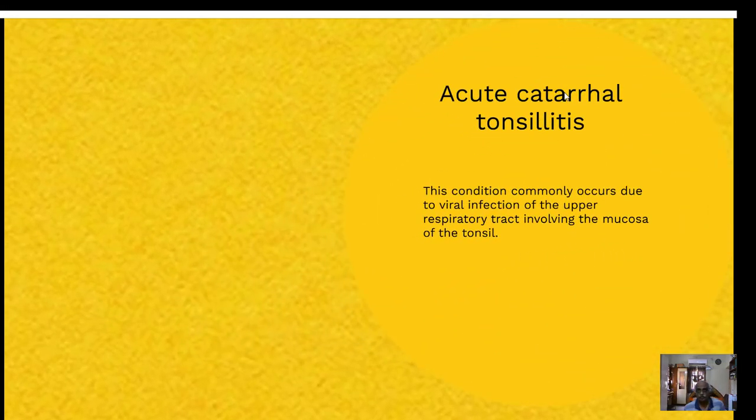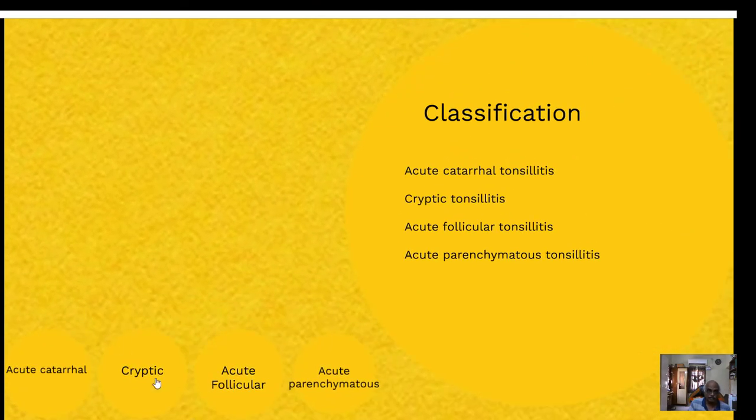The term acute catarrhal tonsillitis indicates a viral infection of the upper respiratory tract which involves the mucosa of the tonsil. So acute catarrhal tonsillitis is usually viral in nature.